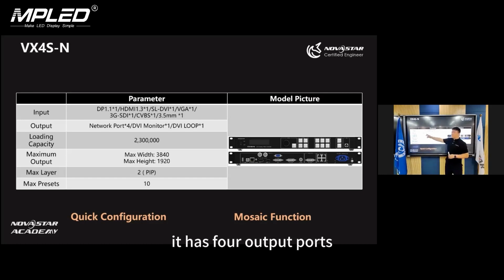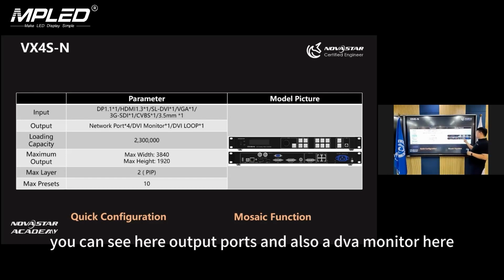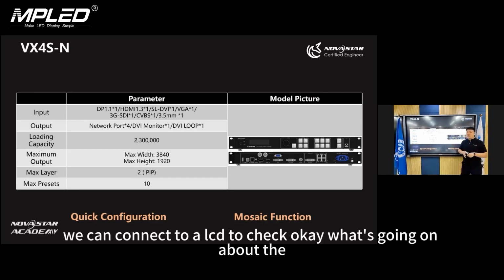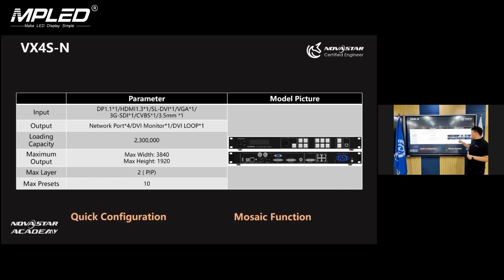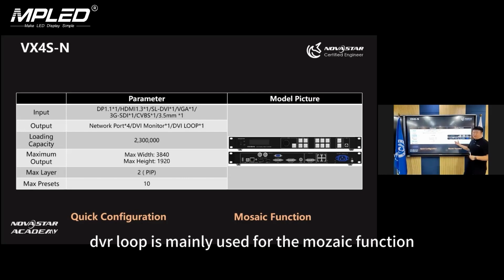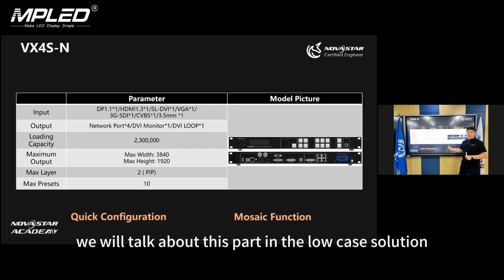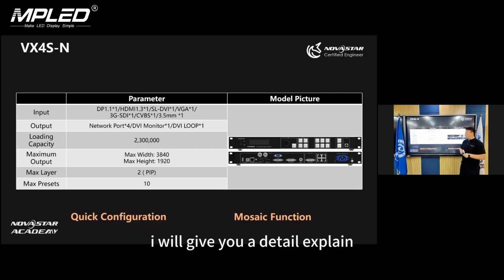It has 4 output ports, and also a DVI monitor port, where we can connect to an LCD to check what's going on with the outputs. We also have a DVI loop. The DVI loop is mainly used for the mosaic function. We will talk about this part in the 4K solution, and I will give you a detailed explanation.